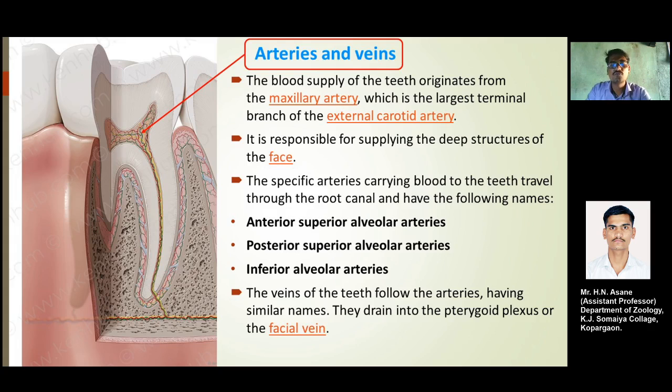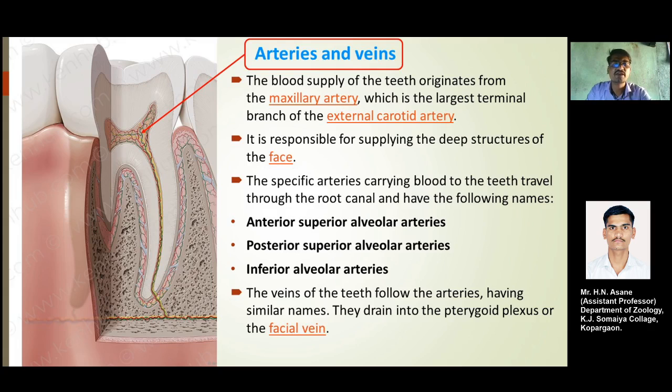So the veins of the teeth follow the arteries, having similar names, and they drain into the pterygoid plexus, that is, the facial veins.